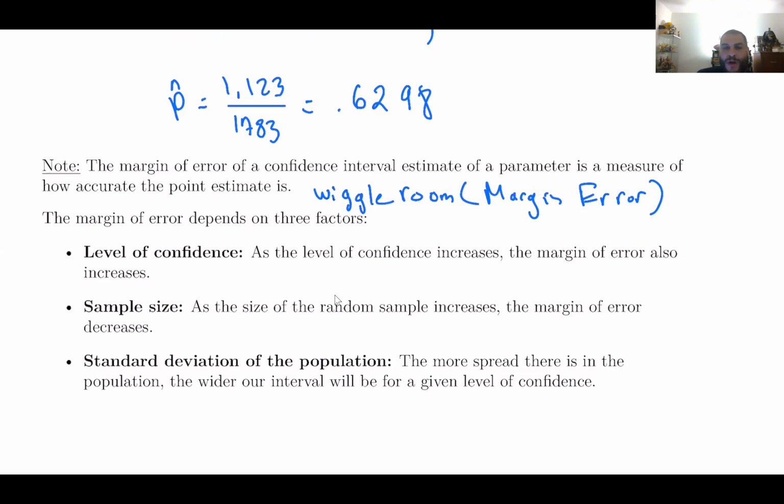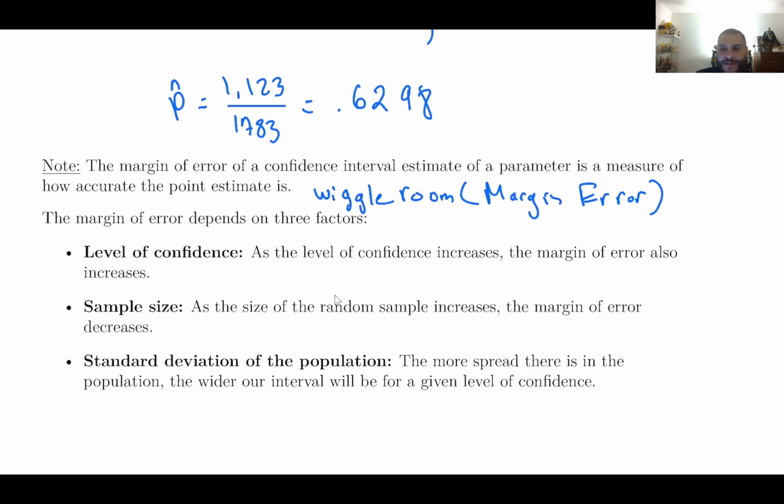So it's not telling us our point estimate has to be exactly correct, because we have our margin of error, and our margin of error is telling us, okay, our point estimate is this, but we don't have to be 100% accurate with the point estimate because we're going to give you a margin of error. Say for a quiz question, if I tell you you have to give me the exact answer, essentially you have no margin of error. But if I tell you you have a margin of error of 0.100%, then your answer doesn't have to be exactly correct because there is some wiggle room for you.